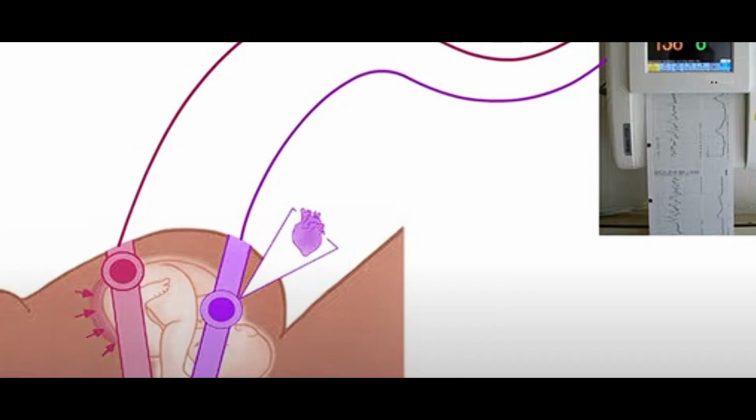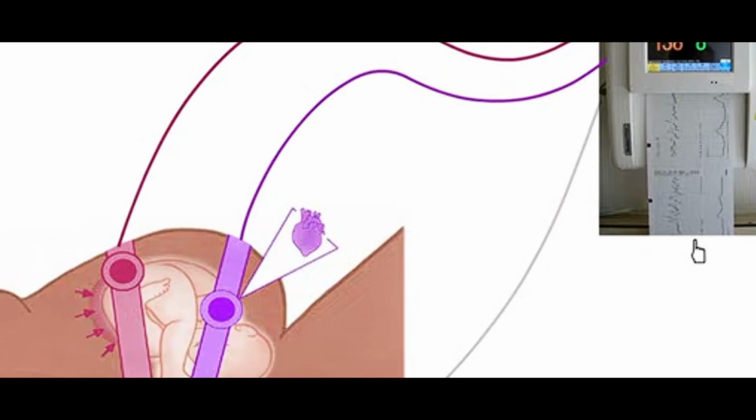The transducer on the abdominal wall indirectly gives an indication of intrauterine pressure. The mother will also be holding a pressing button to indicate whenever she feels fetal movements. These are all connected to the CTG monitor, producing a graphic representation in the form of a CTG.